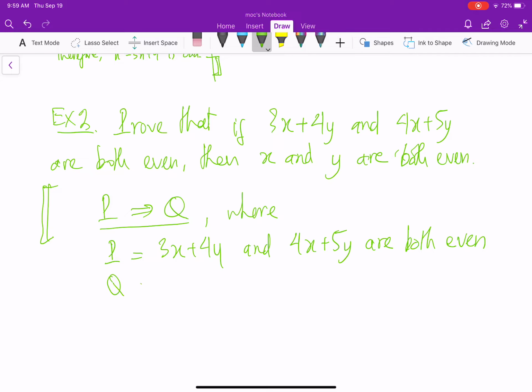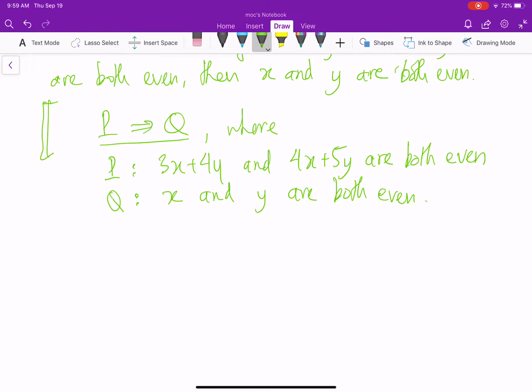And Q is: x and y are both even. So we need to show the implication P implies Q.